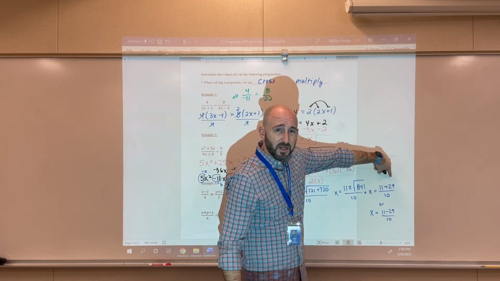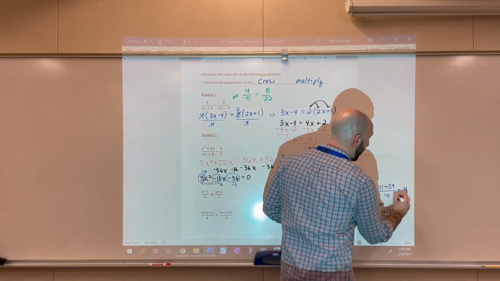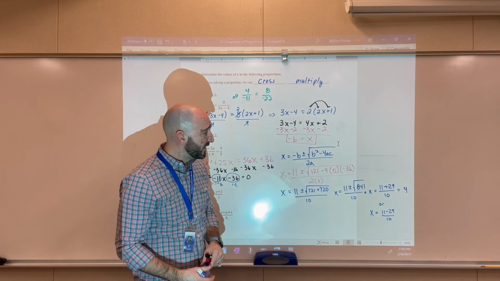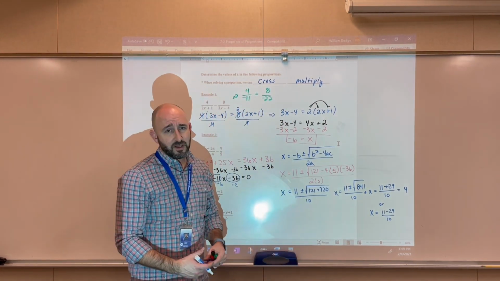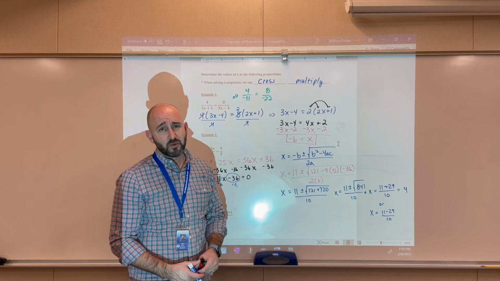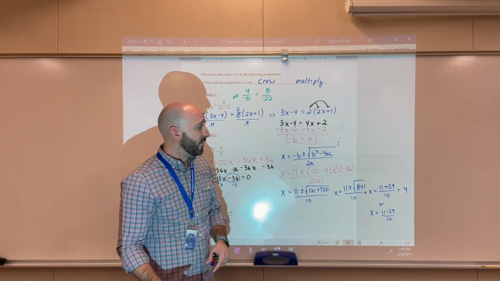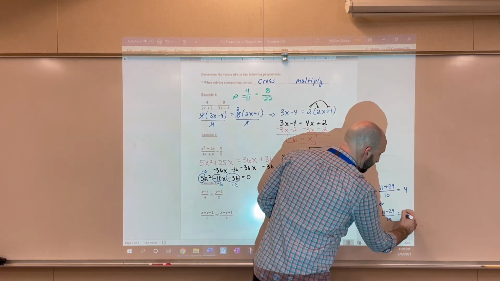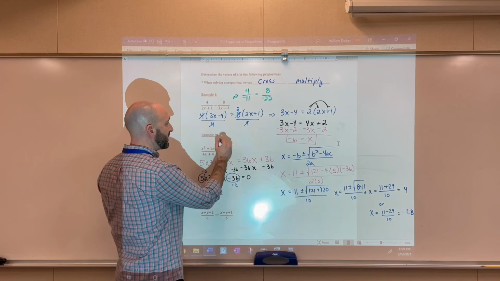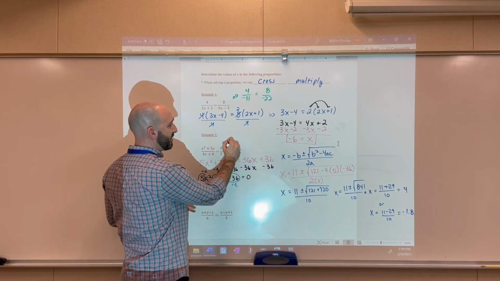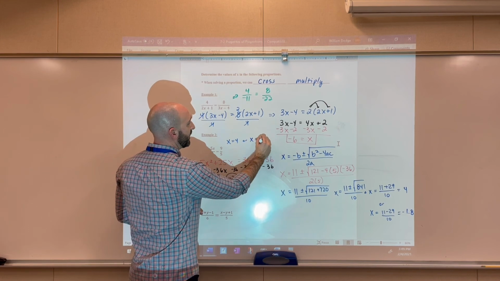So 11 plus 29 is 40 divided by 10. That gives us 4. So one of our possible solutions here is x equals 4. For the other, we have x equals 11 minus 29. So 11 minus 29 is negative 18. Negative 18 divided by 10 is negative 1.8. So the solutions to this one, I'm going to write them up here because I know this is getting messy and I'm running out of space. x equals 4 or x equals negative 1.8.